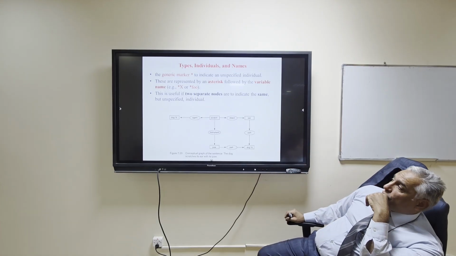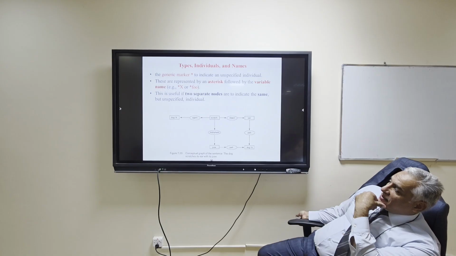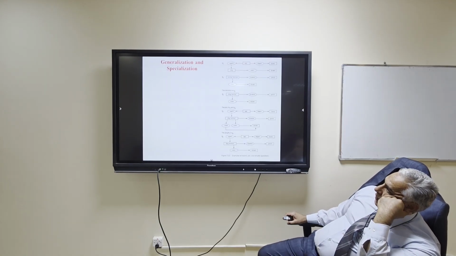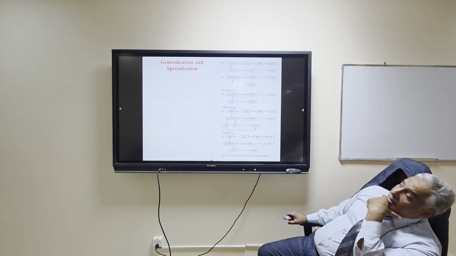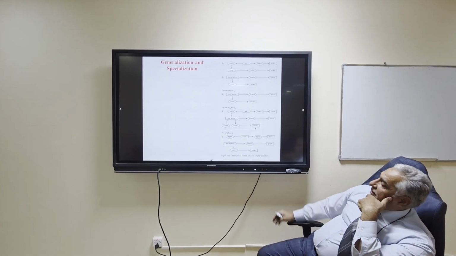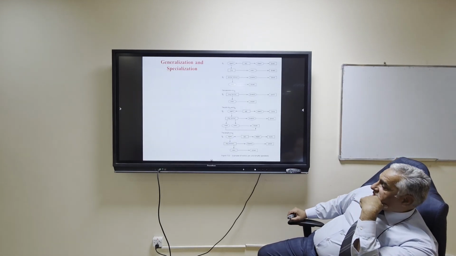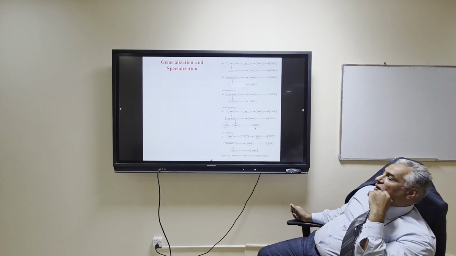This is useful for two separate nodes to indicate the same but unspecified individual. Now this is the generalization and this is the specialization. This is figure 7.22, examples of restrict, join, and simplify operations.